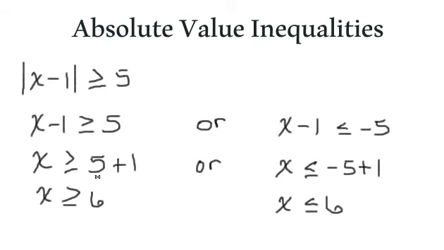Wait a second. Let me look at this again here real quick. We got 6. Okay, what did I do wrong here? This is definitely not 6. Just looking back at my work, something's not right. Alright, negative 5 plus 1 is negative 4. So you probably caught that before I did. I hope anyway.